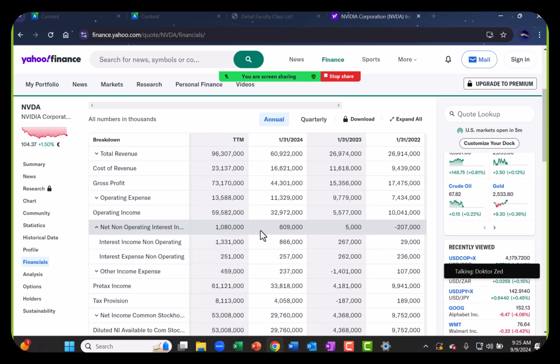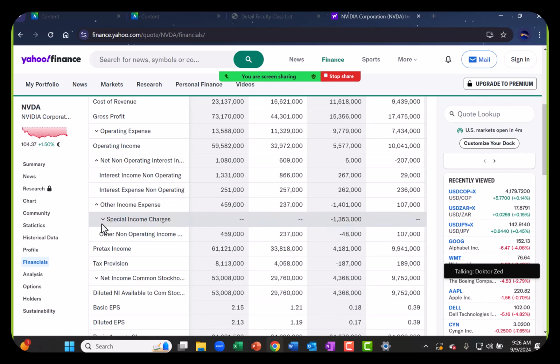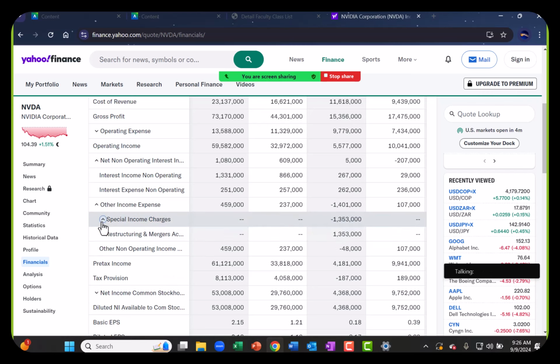It's probably going to be more because this is only trailing 12 months. And just like anything, you also have other stuff depending upon the company. Sometimes you have special charges that kind of vary. You get the pre-tax income.